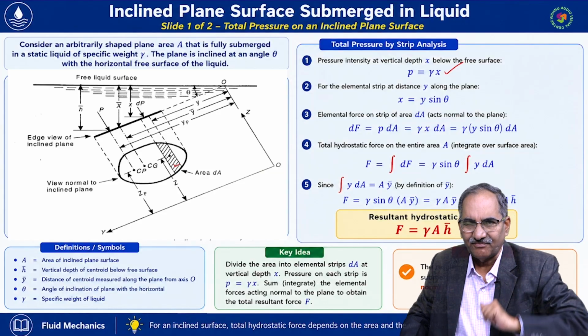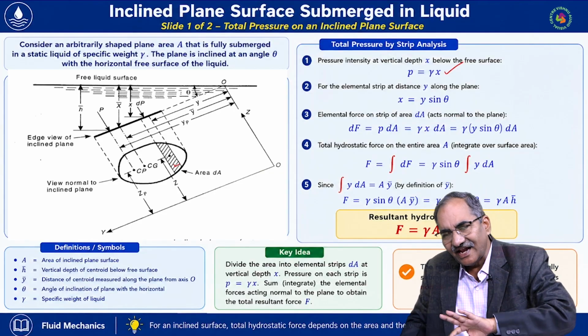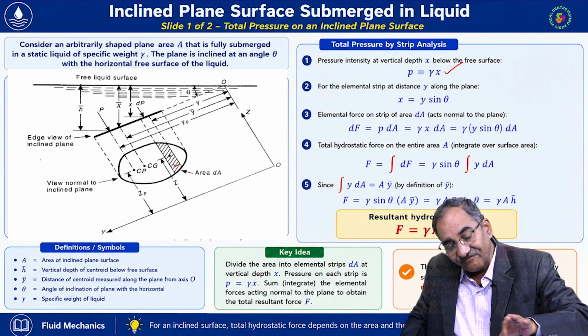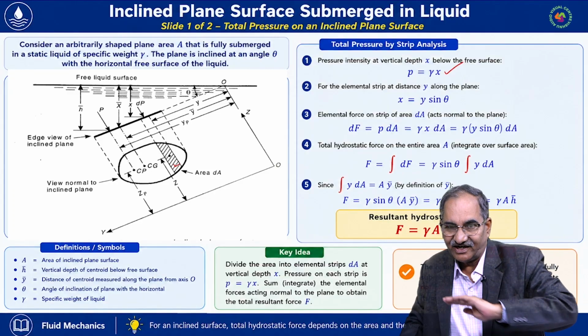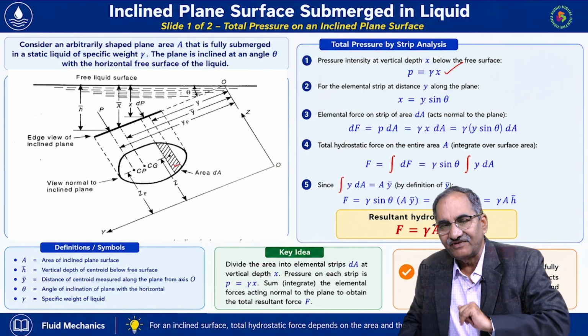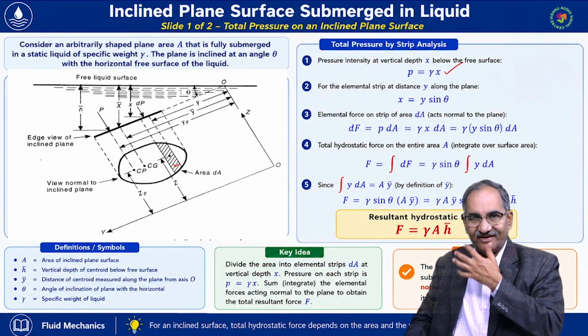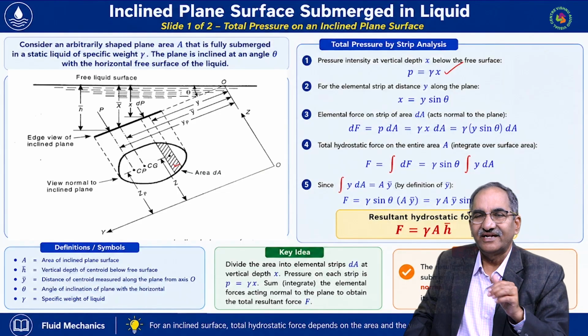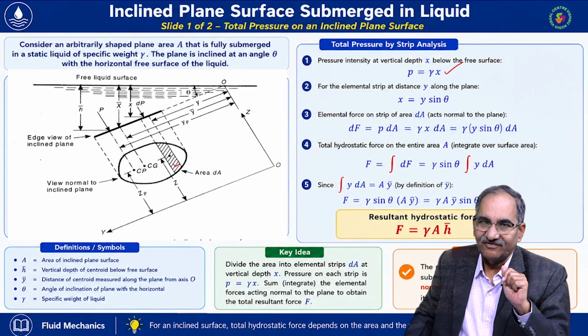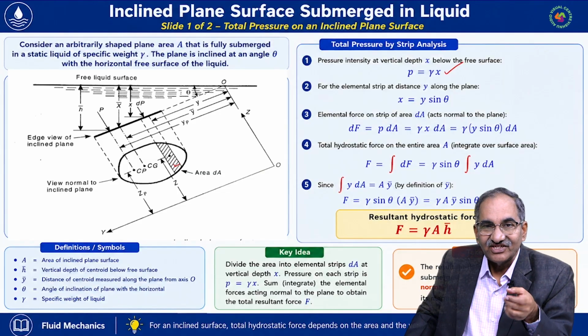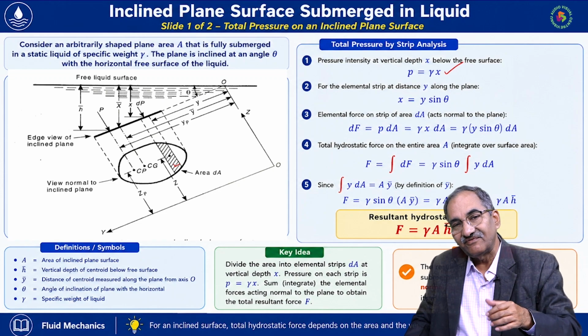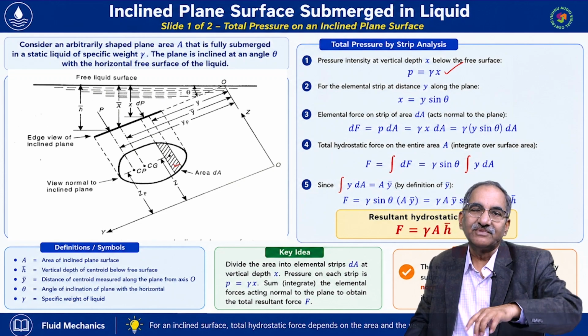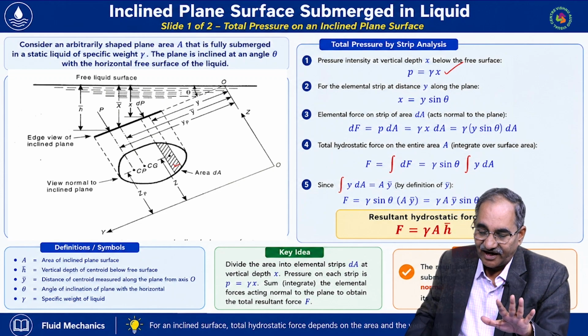After that derivation, I convert it to the original free liquid surface using the relations. What is the relation between this depth and that depth? That I will take and work out.